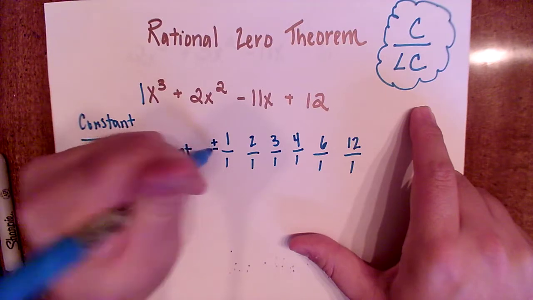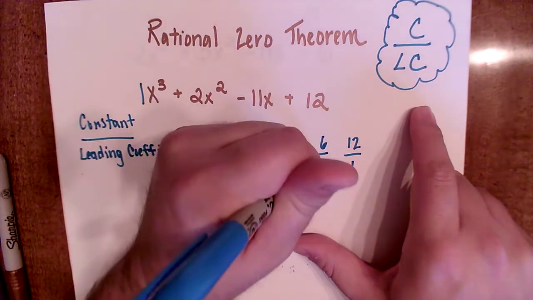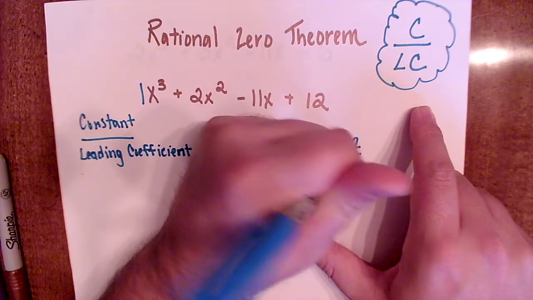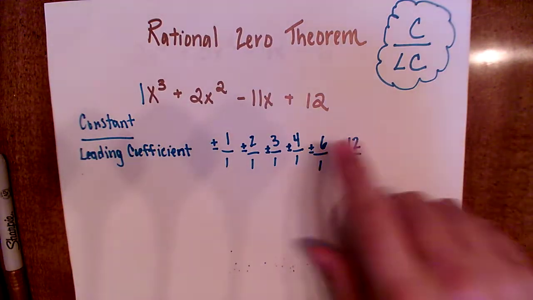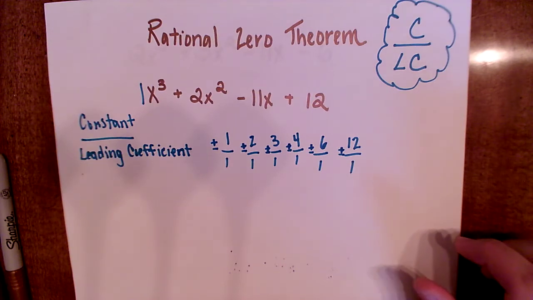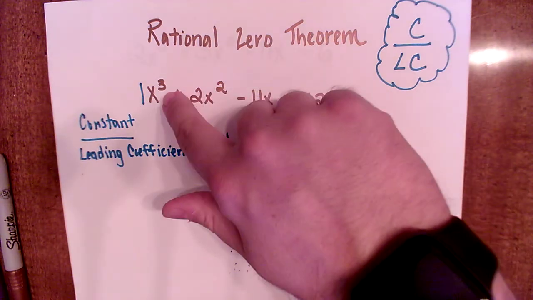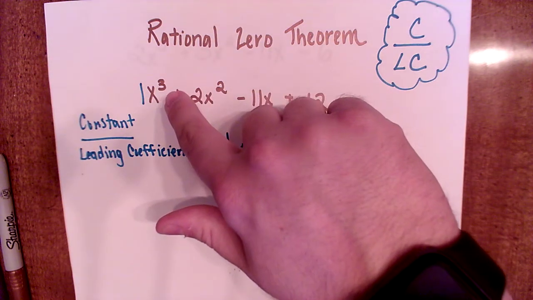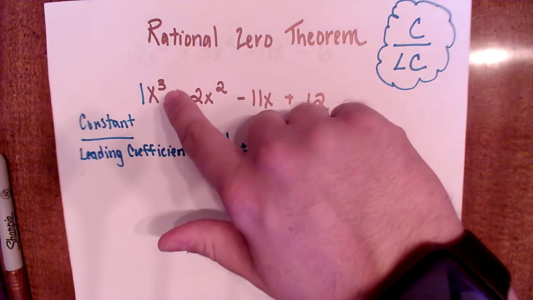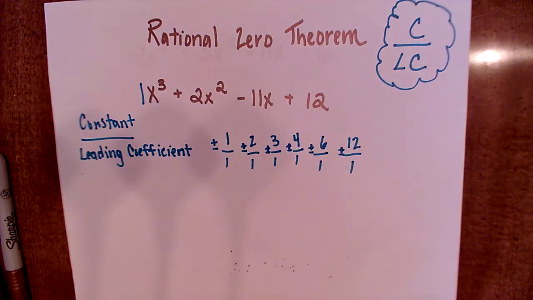And there's plus or minus in front of every one of these. Now, you'll notice these simplify down to just 1, 2, 3, 4, 6, 12, plus or minus. Okay, but we know there's only 3 answers for this one because of the fundamental theorem of algebra. But these are the list of the possible answers that we could have.